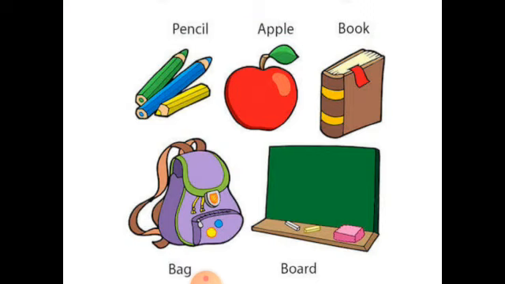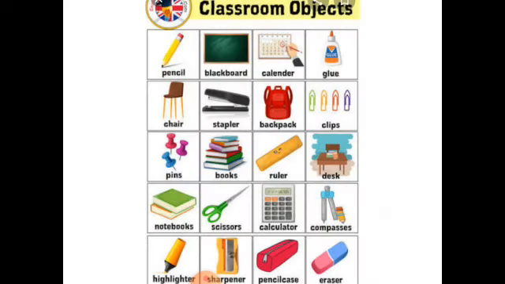Now, tell me, children, what objects are seen in your classroom? Yeah, very good, children. Desk, board. You are right. Now, I will also mention some objects that you see in a classroom.